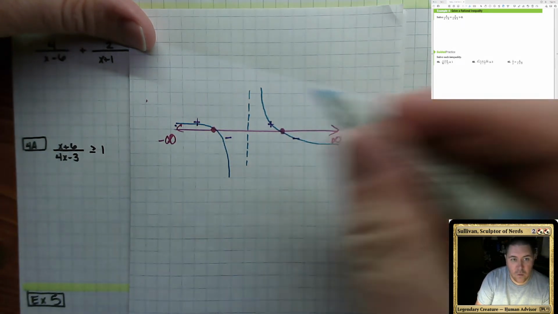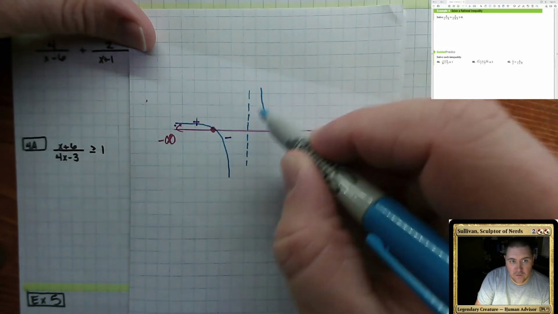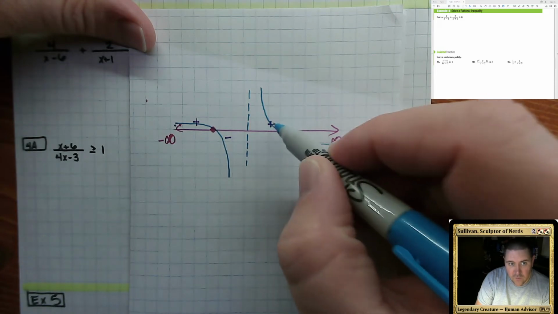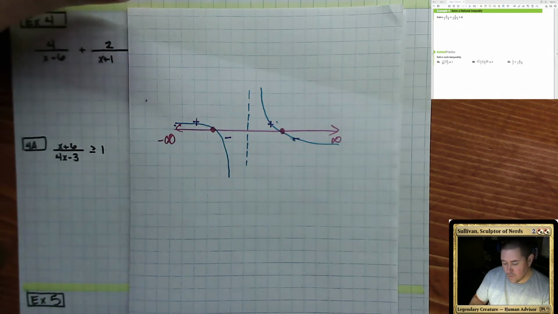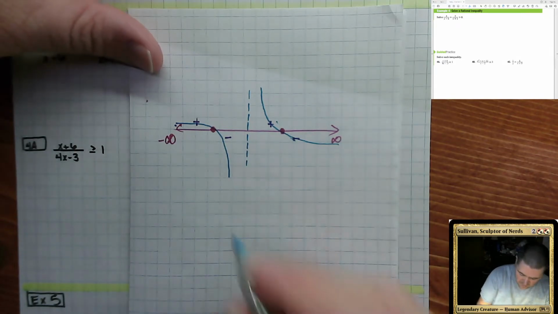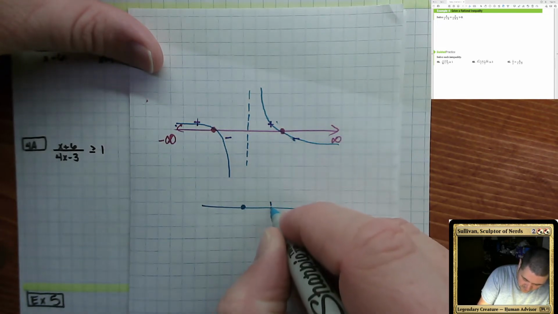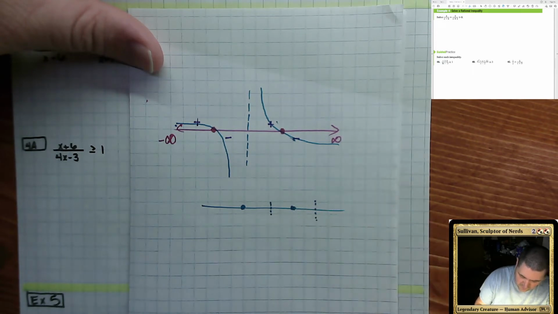Where it'll switch from negative to positive at an asymptote, but it will also switch from positive to negative at x-intercepts. So that means when I'm making my little number line to test, I'm going to have x-intercepts, asymptotes, x-intercepts, asymptotes.